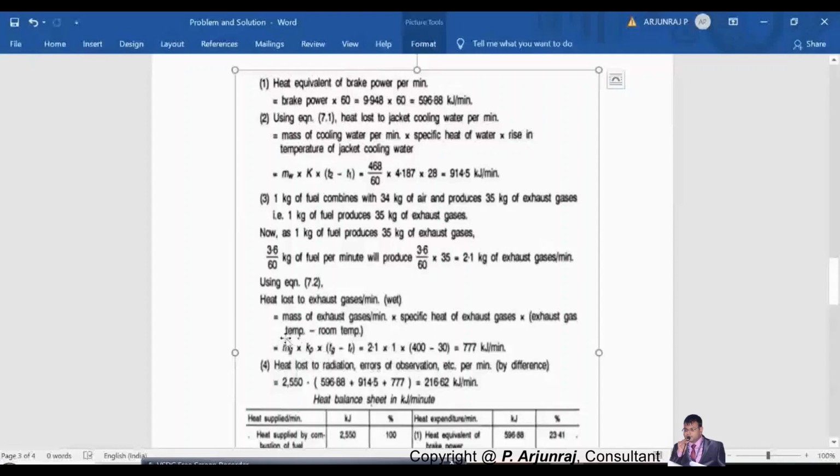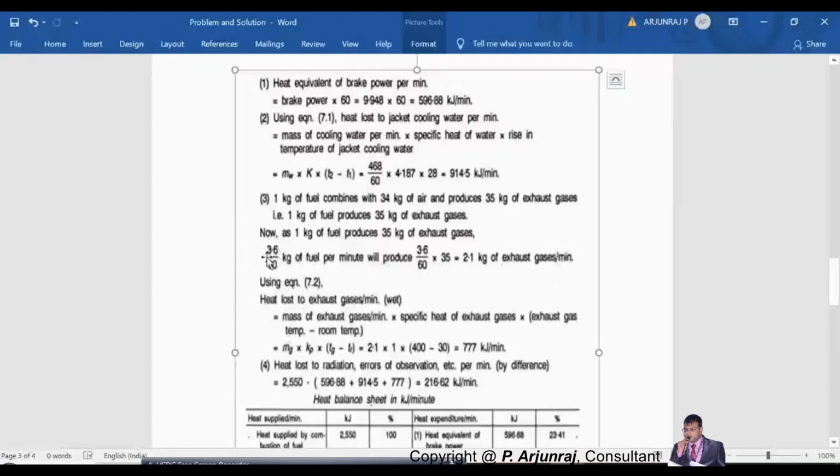Okay. So here I will tell you what is the mass flow rate of gas. This value will be given directly, but I will tell you what it is. The mass flow rate of gas is the amount in kilograms, indicated as the mass of the fuel per minute, which will produce so and so kilograms of the exhaust gas per minute.